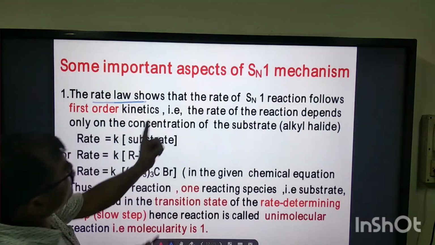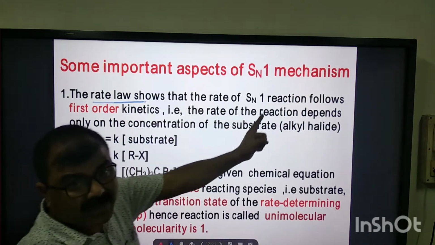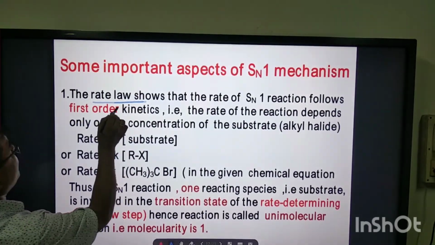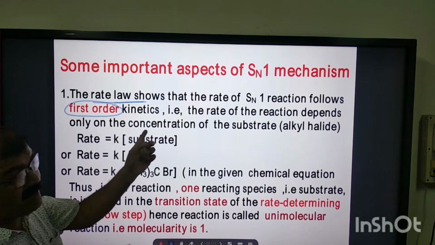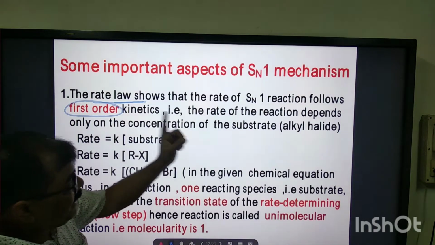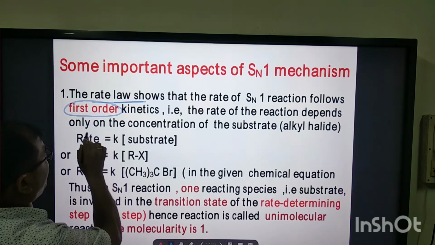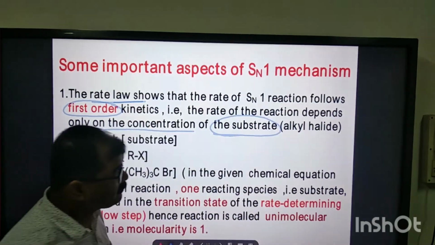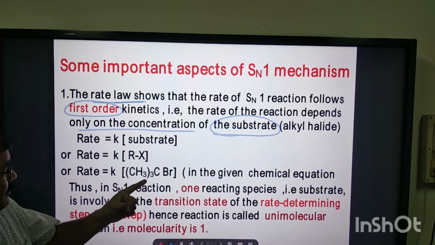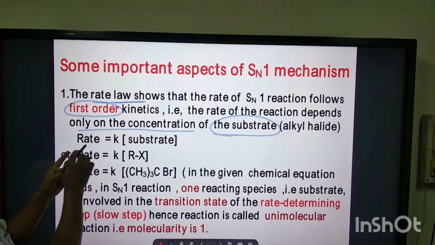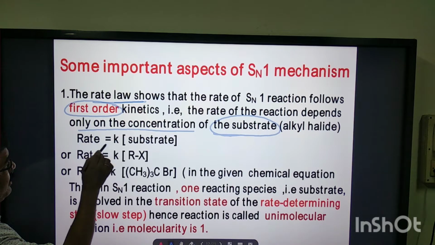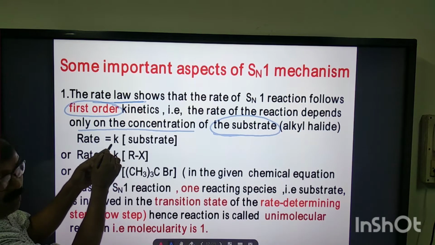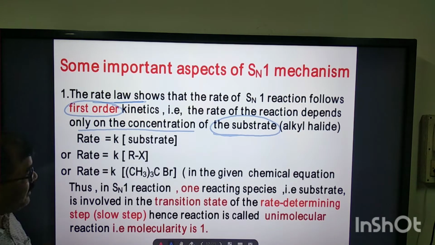The rate law shows that the rate of the SN1 reaction follows first order kinetics. That is, the rate of the reaction depends only on the concentration of the substrate, that is the alkyl halide. So how to write the rate? Rate expression: rate equals k, the rate constant, times the molar concentration of the substrate.